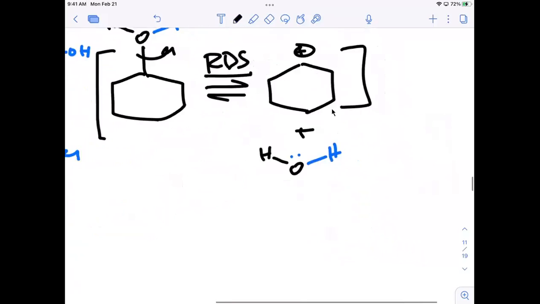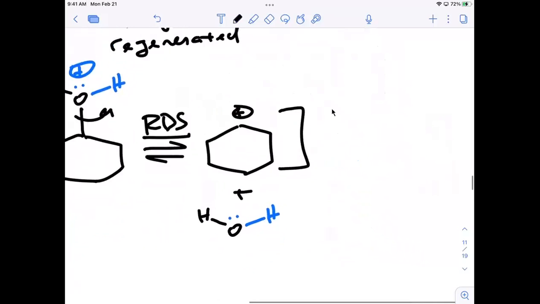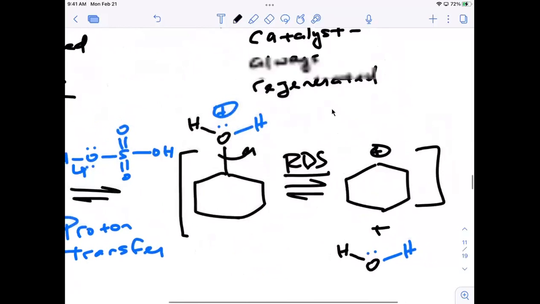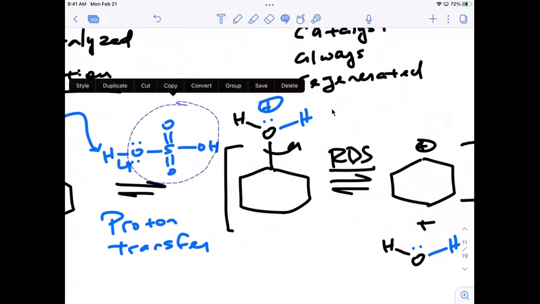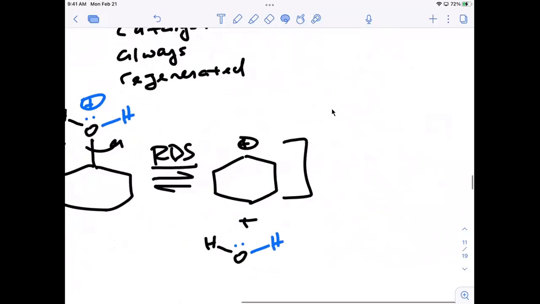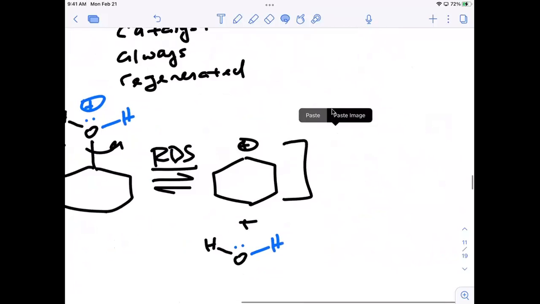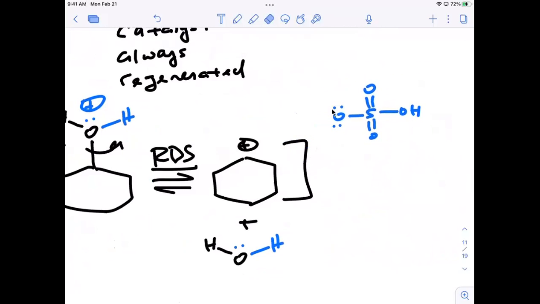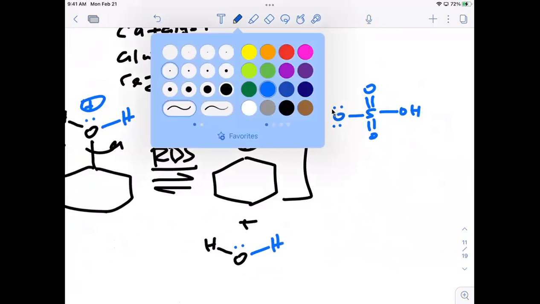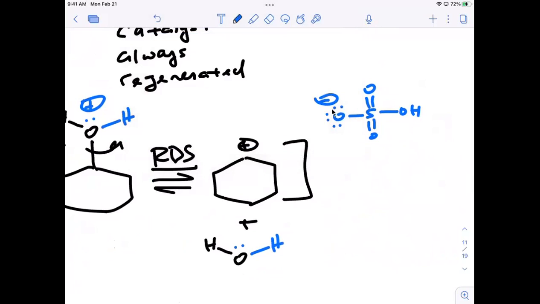What I also have is this. Copy. I have the conjugate base of my sulfuric acid. Right, because once I did that proton transfer, now this is the conjugate base.